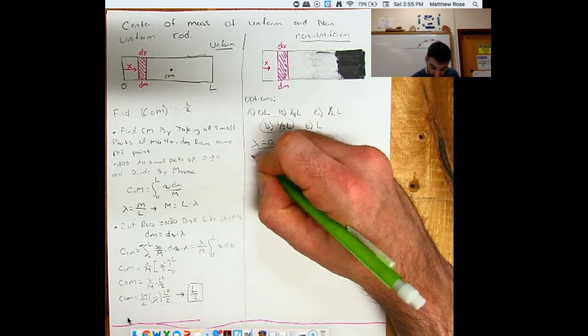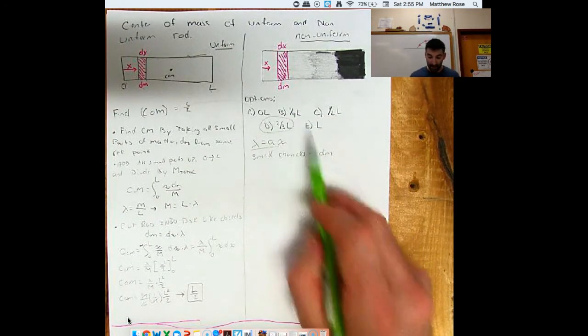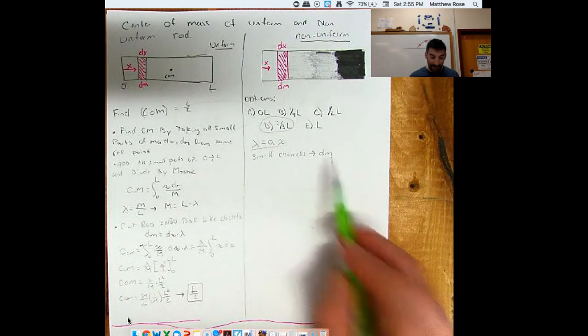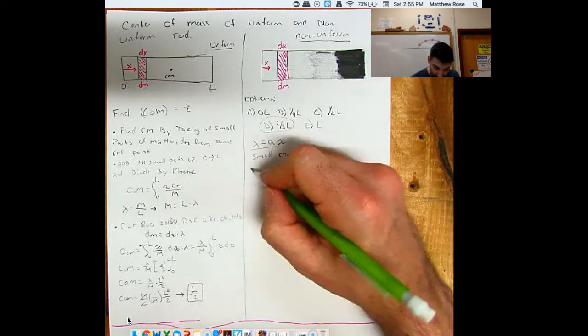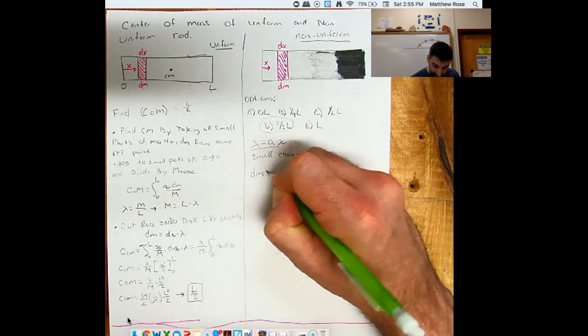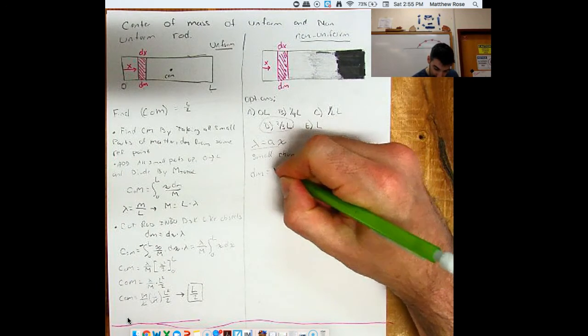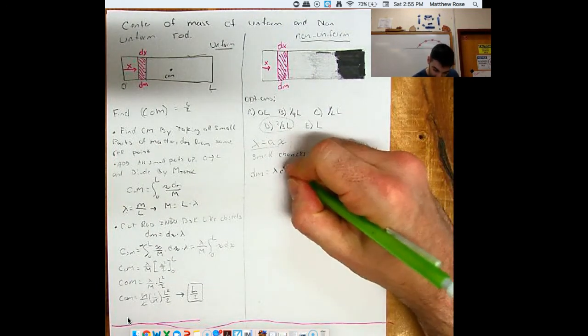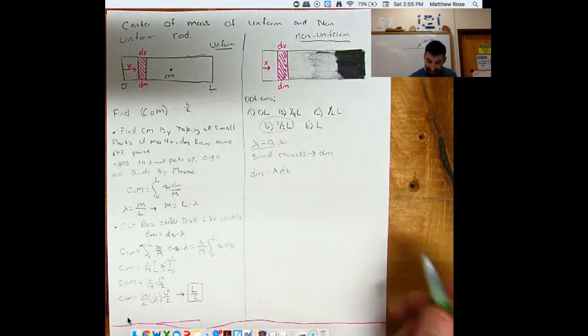In other words, we're going to define small chunks like I did already in my picture as dm. So that means dm just like before. I'm not doing anything different, right? dm is equal to lambda dx. Now the only difference is lambda is not constant.